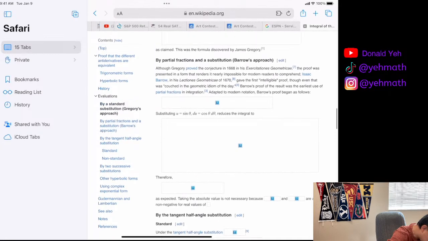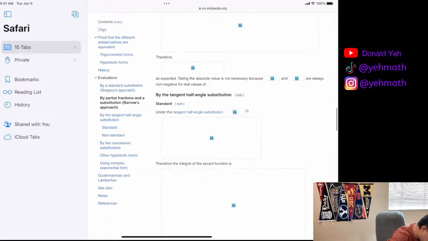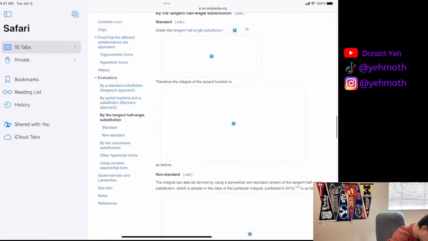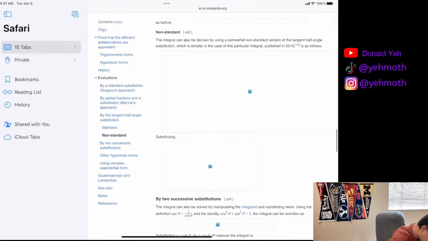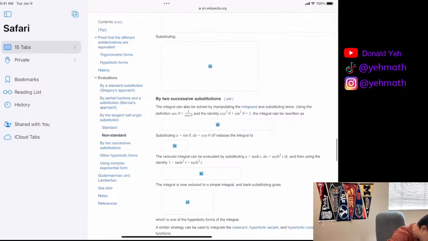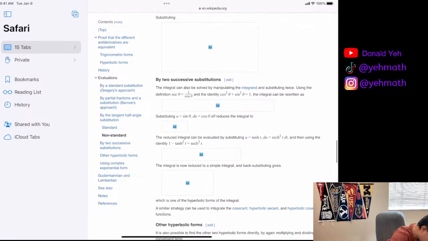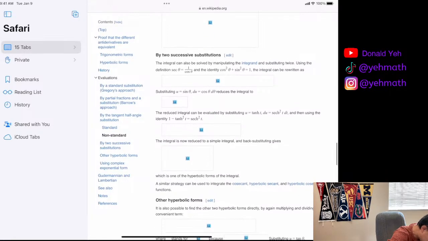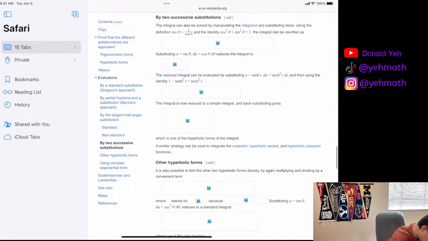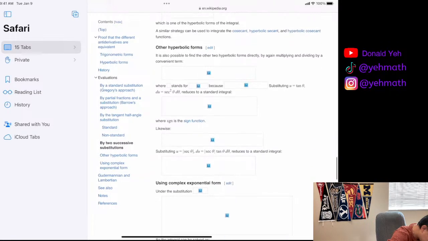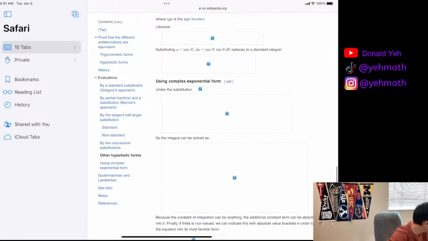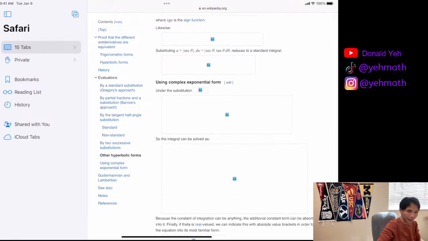So there were a lot of different approaches. There was Barrow's approach. There was tangent half angle substitution. There's a non-standard substitution. They can use sinh and cosh hyperbolic. There's all kinds of ways to take the integration of this.